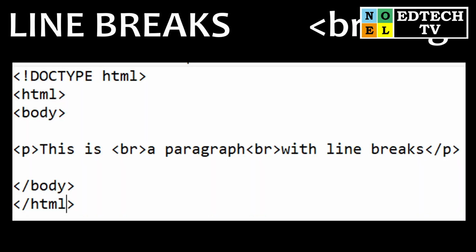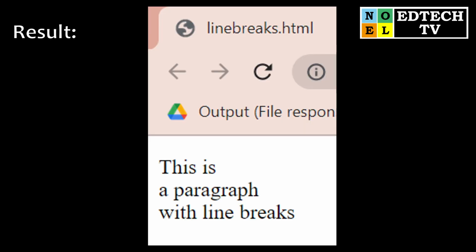This is the example of HTML code using the line break tag. And this is the result of the example coded HTML using line break tag that you've seen in the previous slide.